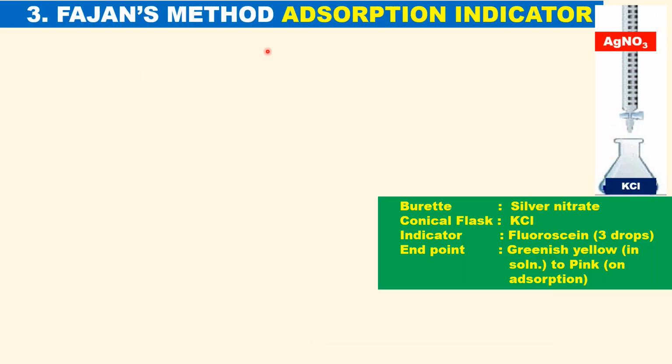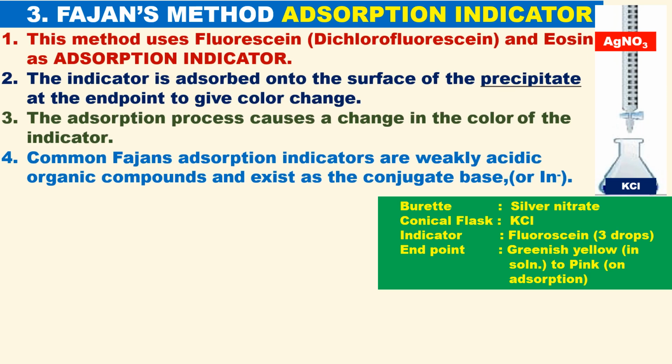Let us see the third, Fajan's method. This method is known as the adsorption indicator method. This method uses organic colored compounds such as dichlorofluorescein, fluorescein and eosin as adsorption indicators. In this titration, silver nitrate is taken in the burette, and potassium chloride is taken in the conical flask, and 3 drops of fluorescein indicator is added.